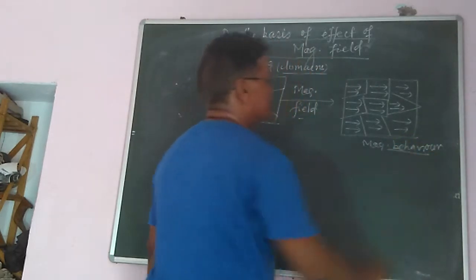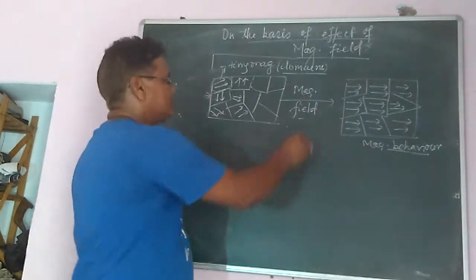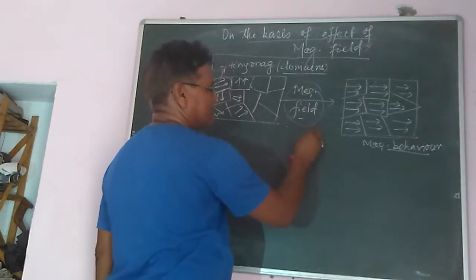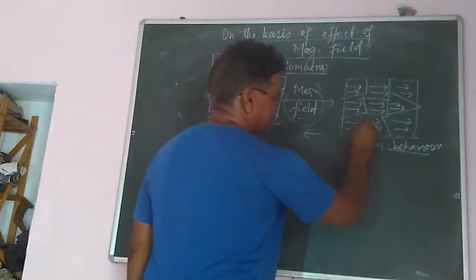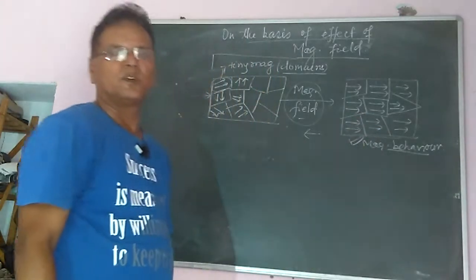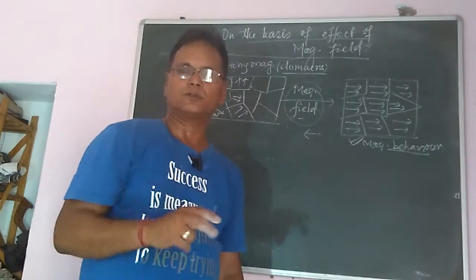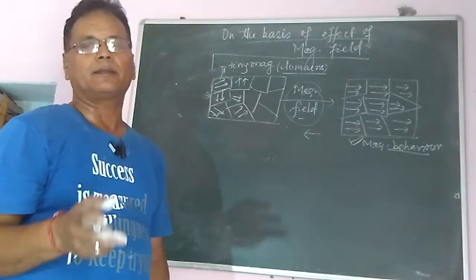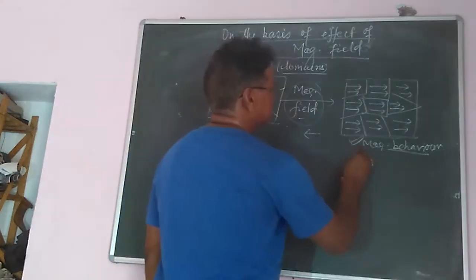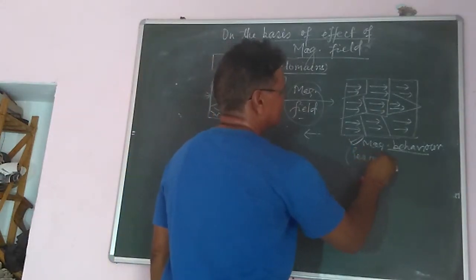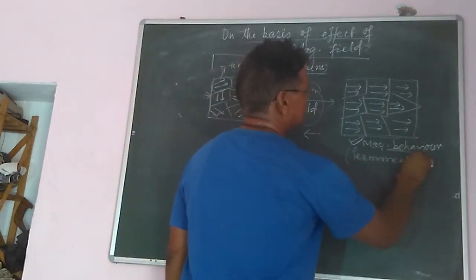On removing this magnetic field, the spinning of the electrons, all the domains, will remain aligned in one direction. So it behaves as a permanent magnet.